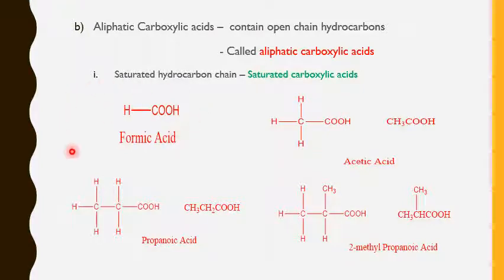So here is an example. The COOH is attached to just hydrogen. The carbon of the carboxylic acid is attached to hydrogen. So it is neither an aromatic compound nor something complex. It is very simple. It is hydrogen. It is the primary carboxylic acid that we can think of when we remember the name carboxylic acid.